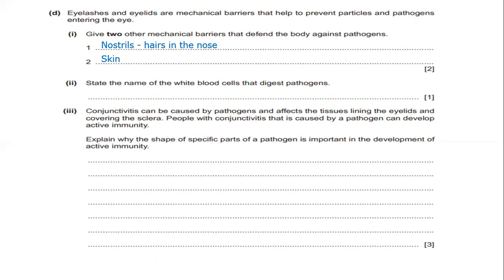Okay, number 2, state the name of the white blood cell that digests pathogens. If you can remember, this is under chapter 10, where there are several ways antibody molecules lock into pathogens.